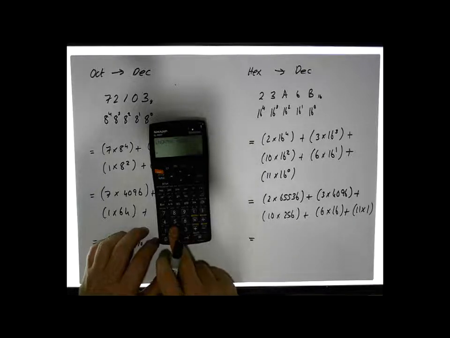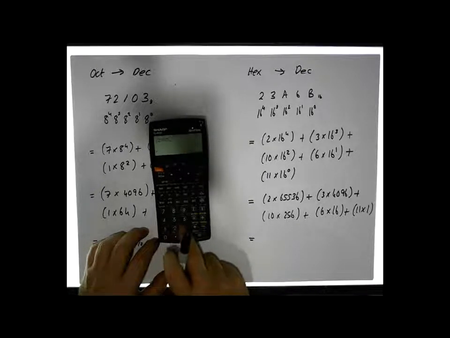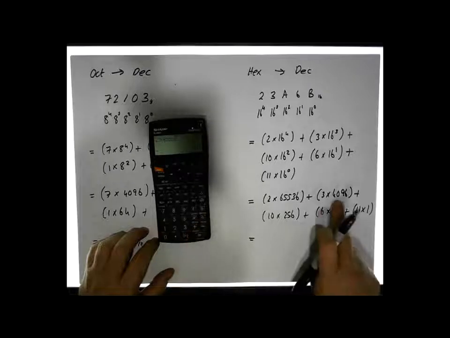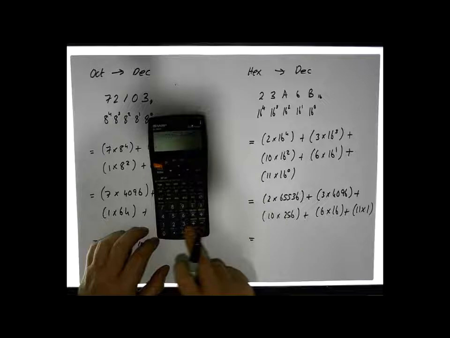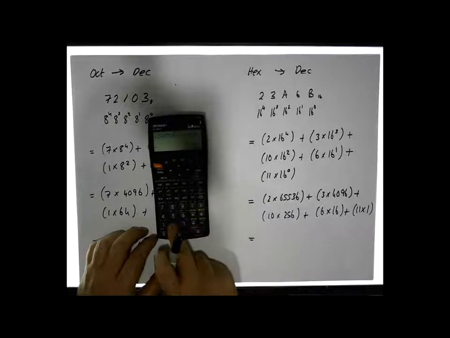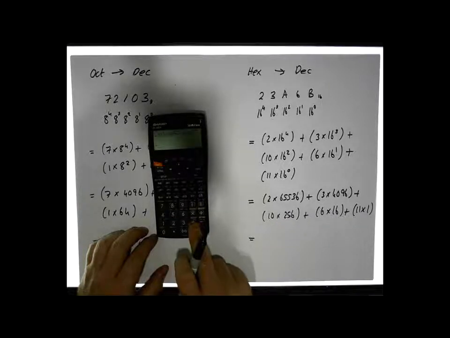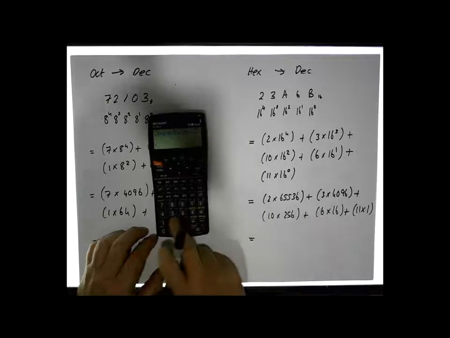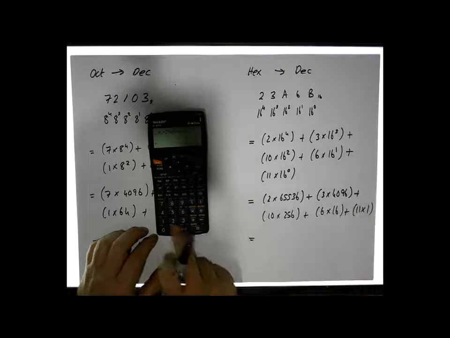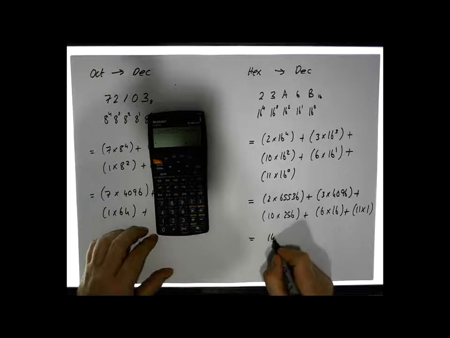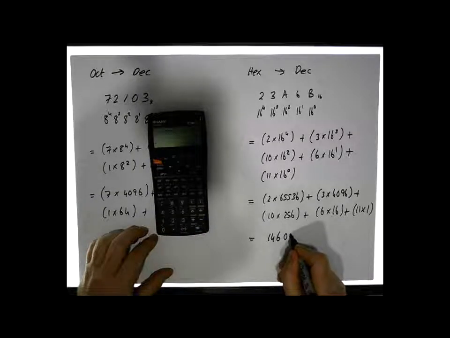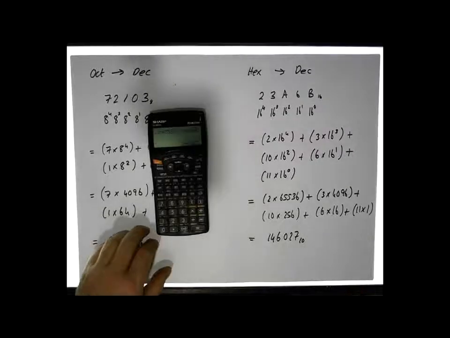Okay. And now just summing these up as we go through. So we have now 2 times 65,546 plus 3 times 4,096 plus 10 times 256 is 2,560 plus 6 times 16 plus 11 times 1 is just 11, which gives us a number of 146,027 in base 10.